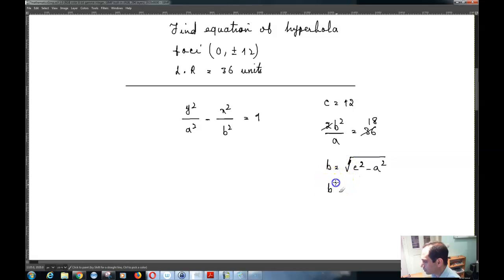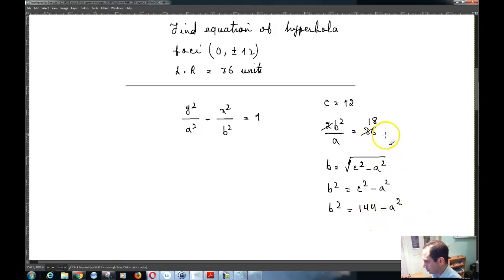So that means that b squared is equal to c squared minus a squared. Since I know what c is, I can substitute it here. I can write b squared is equal to c squared, which is 144, minus a squared.